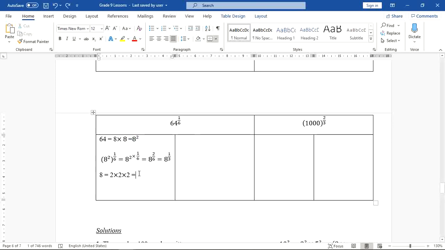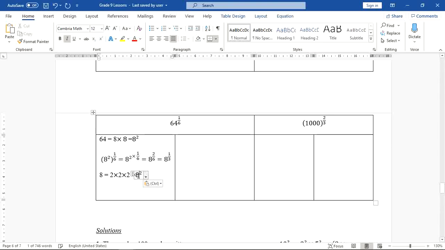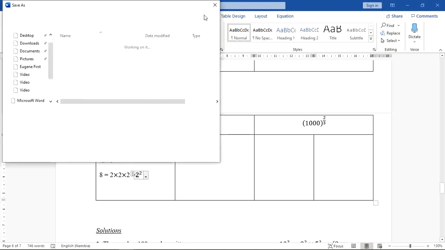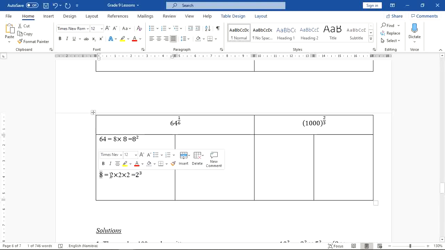I copy and paste. So 2 exponent 3, because I have multiplied 2 times 2 times 2. So this is a whole number, this is expanded form, and this is index notation.